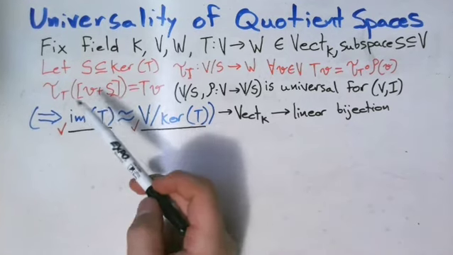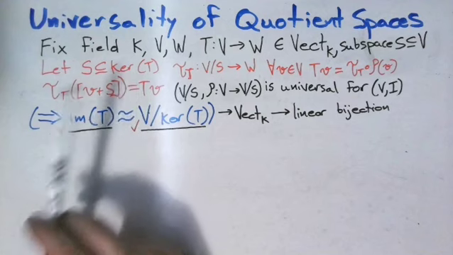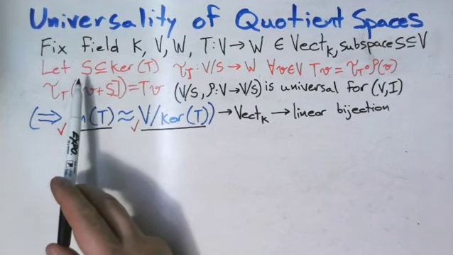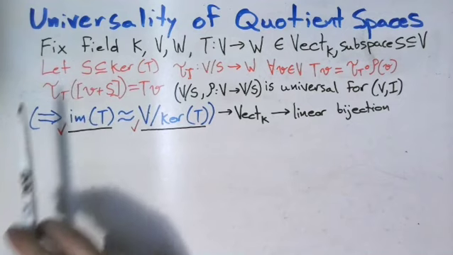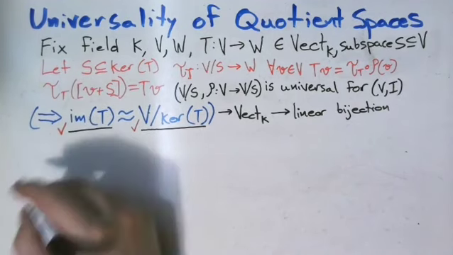Well, let's notice that since we said that S had to be a subspace of the kernel of T, it would be perfectly fine to substitute the kernel of T in for S here, right? Because the kernel of T is a subspace of itself, obviously, because they're equal.